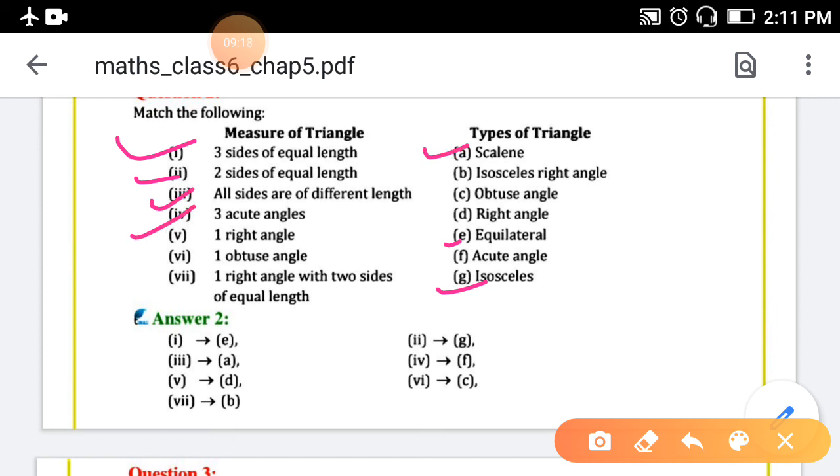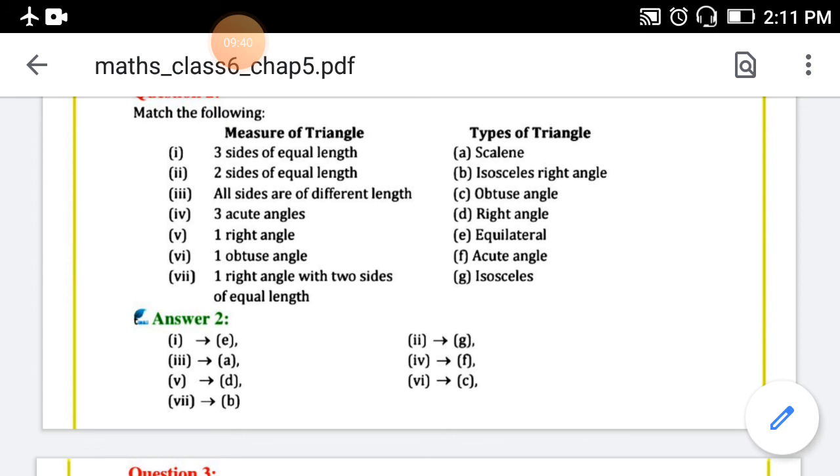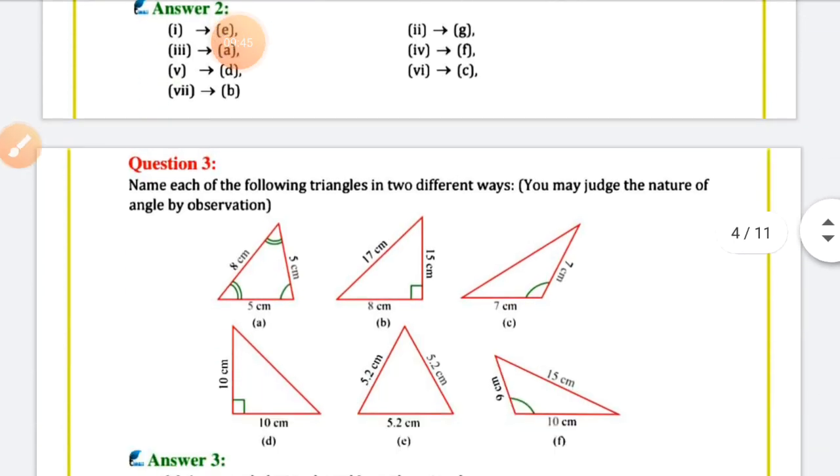Three angles less than 90, so that is acute. All three angles are less than 90, it means acute angle. One right angle, then it is a right angle triangle. One obtuse angle. One right angle with two sides of equal length, that is an isosceles right triangle. Okay, up to here.